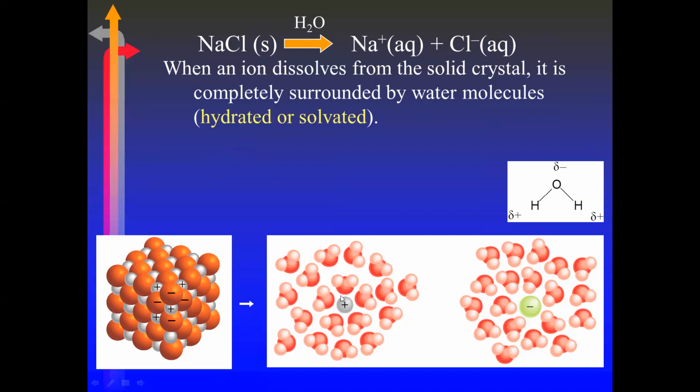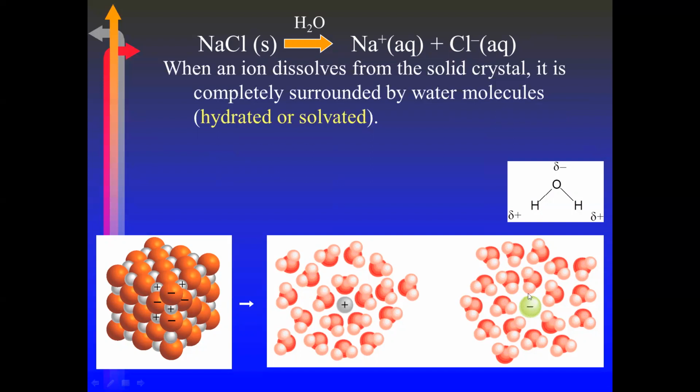The polar, yeah, negative. It's not a negative charge, but I mean the negative part of the water, because water has one part that is electron-poor and one part that is electron-rich. The electron-rich part will point towards this positive ion.